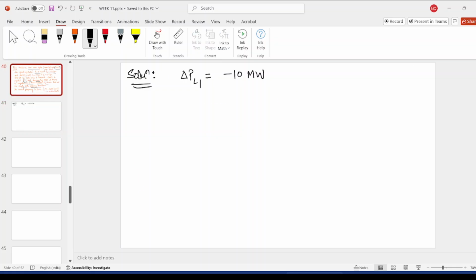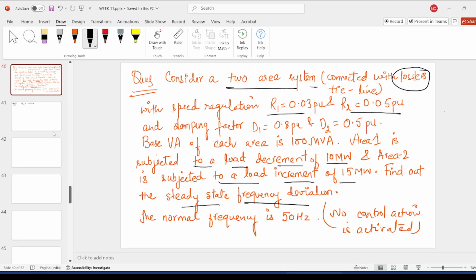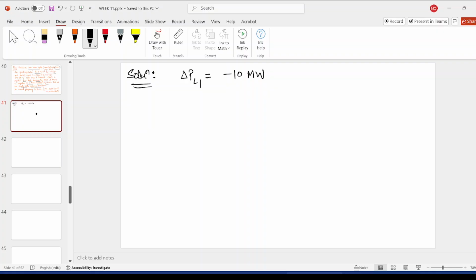Okay, and the base MVA here is how much? It is 100. So in per unit, del PL1 PU is equal to minus 10 divided by 100, which is minus 0.1 per unit.